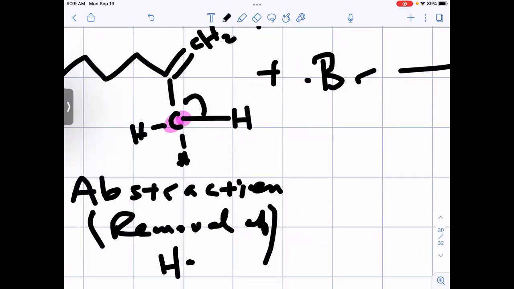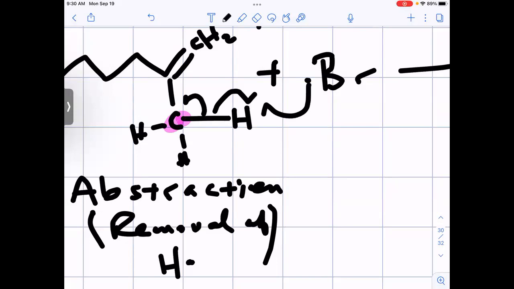So if we break the CH bond like so, and then we bring in bromine to pick up the hydrogen, that's how abstraction happens. Right? You have a CH bond or some bond, and if you're removing, in this case, a hydrogen radical, you break the CH bond. Everything is homolytic.